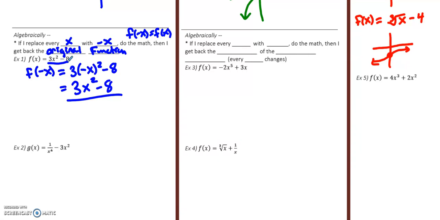If it's the same as the original, so that guy and that guy are the same, then I can say that it is an even function. He happens to also be an even degree polynomial, but more specifically, more exclusively, he's an even function.